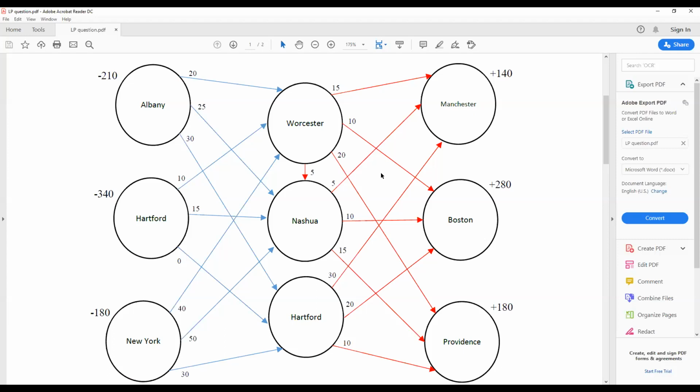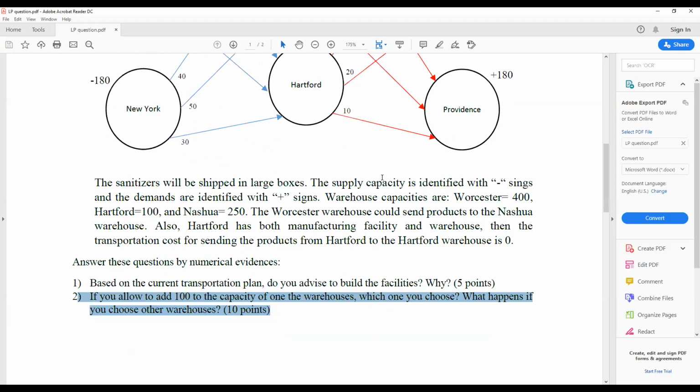Maybe you have to solve the transportation plan 3 times. So just keep in mind, in part 2, the answer is not just one line. Don't just say, okay, I think we should add to Hartford because of this. You need to solve it, and you provide numerical evidence.